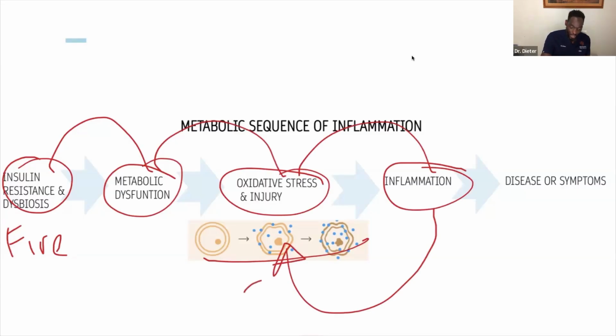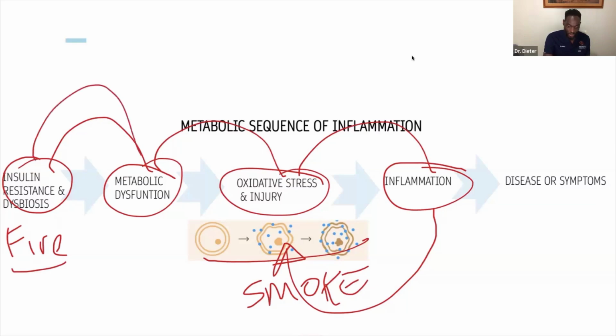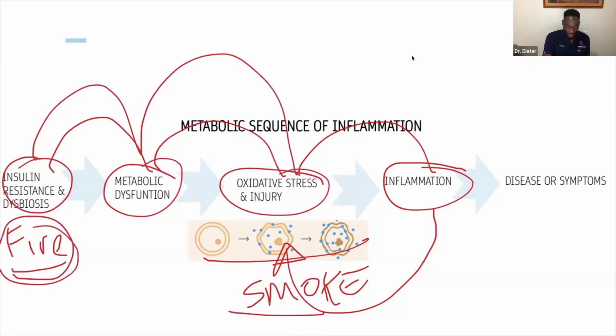But when it comes here, it sees smoke. It doesn't see the fire. The fire started 2 houses ago, had insulin resistance, spread to metabolic dysfunction, and came to the cell. So the immune system is not really able to solve the problem, because the core of the problem is not in the cell. The core of the problem is 2 houses away where the fire started.